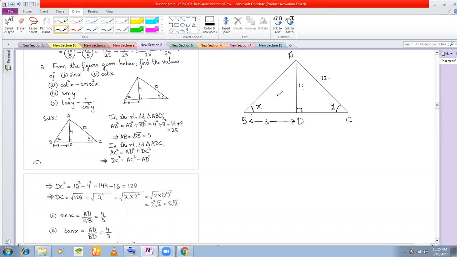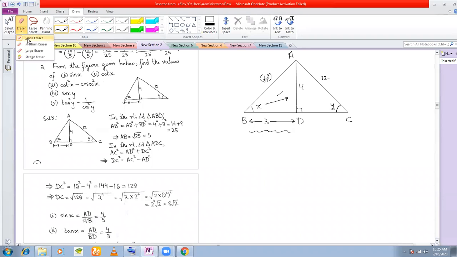If you want to calculate sine x, you must identify again the perpendicular, the hypotenuse and the base. So in this right angle triangle, this is my hypotenuse. Okay, and which one is my perpendicular? This opposite side is my perpendicular, and this becomes my base here.